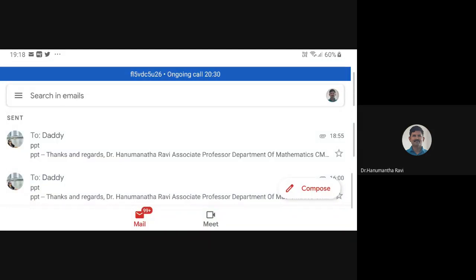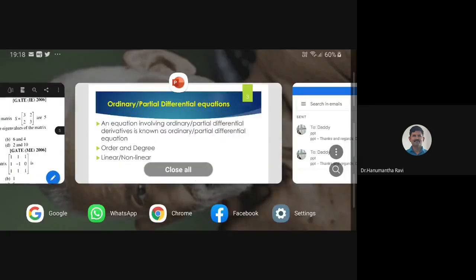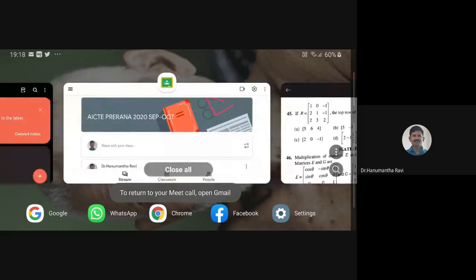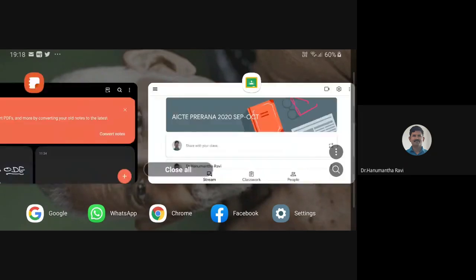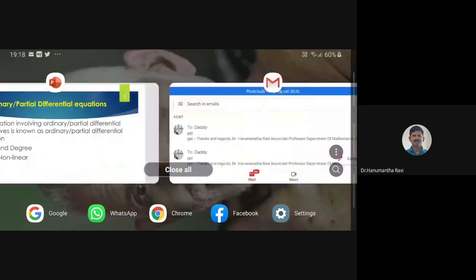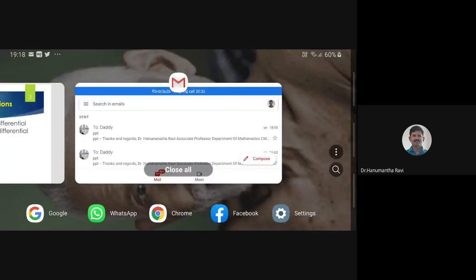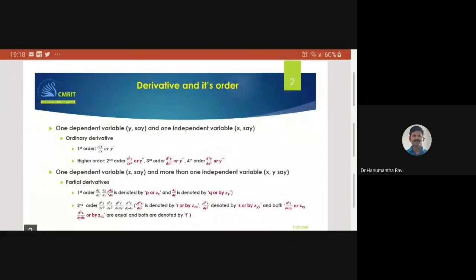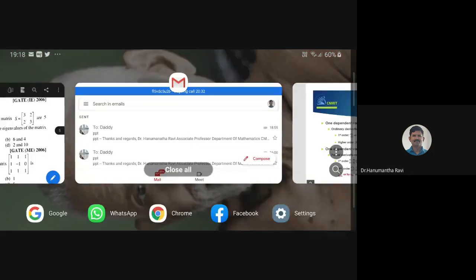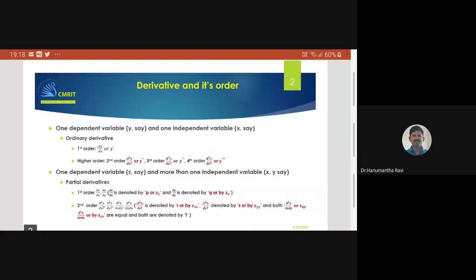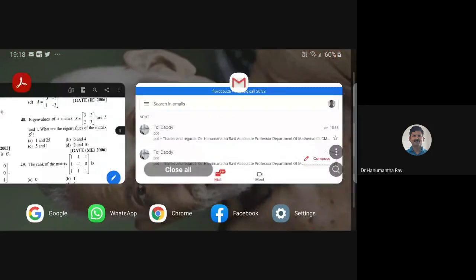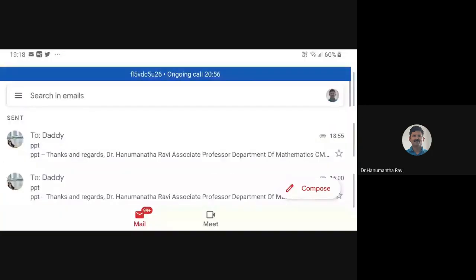Has he asked for the permission? Permission is not popping up, that is the problem. I am not able to see even a window where I can switch over to.